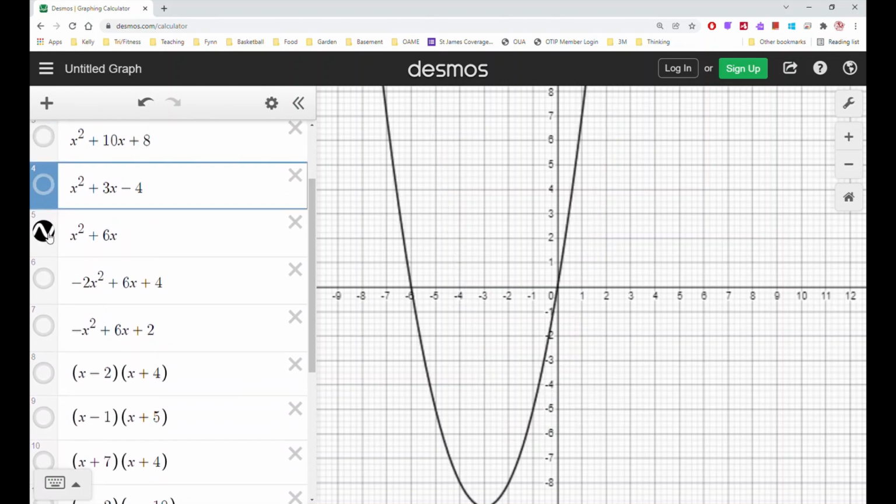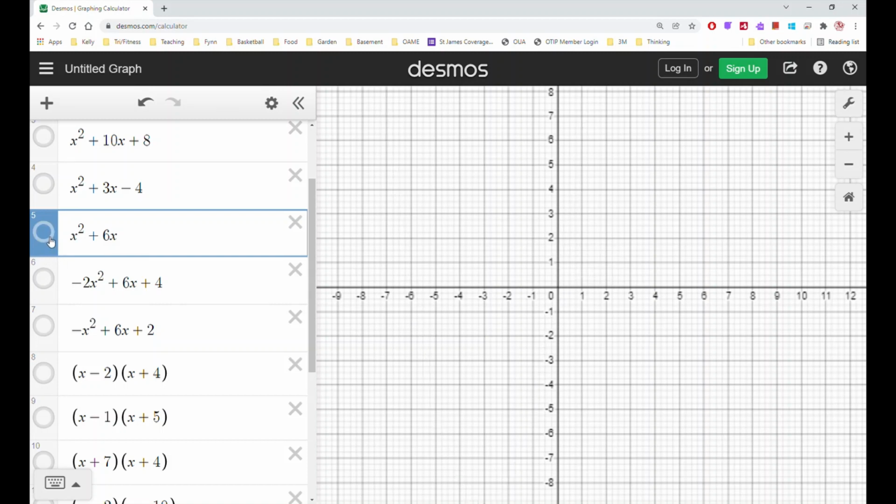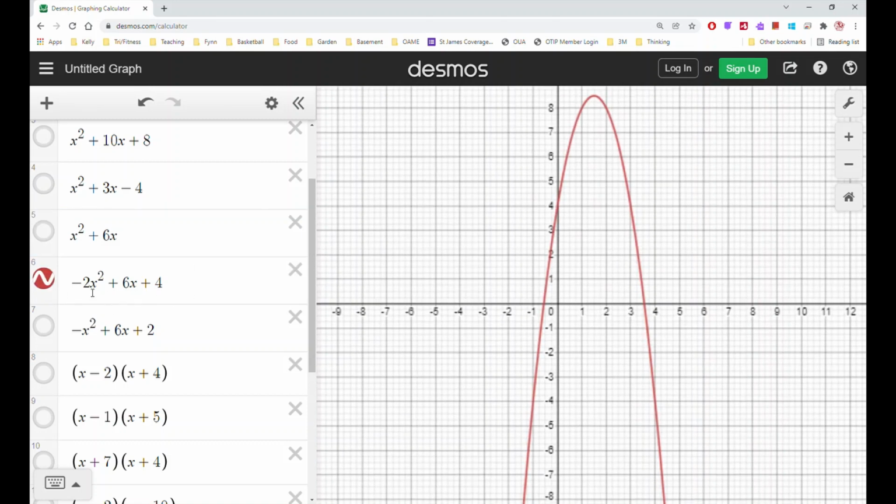Now this one here is kind of confusing. It doesn't have a y-intercept. So if it's not there, it's equal to 0. Therefore, the y-intercept, as it's seen here, is 0. Then also, remember how yesterday if it was a negative a value, so if it was negative in front, it pointed down.